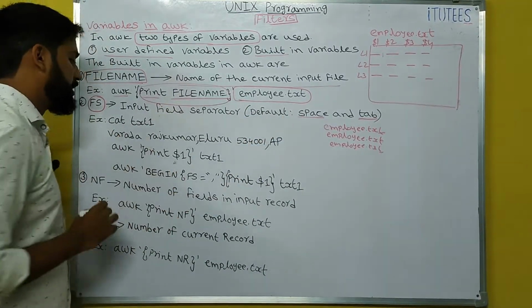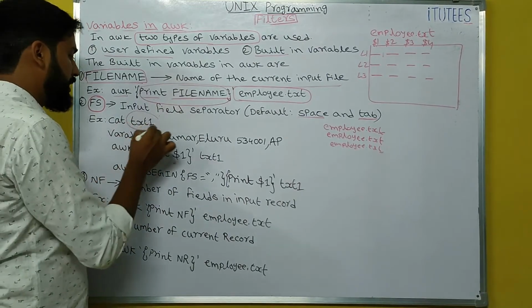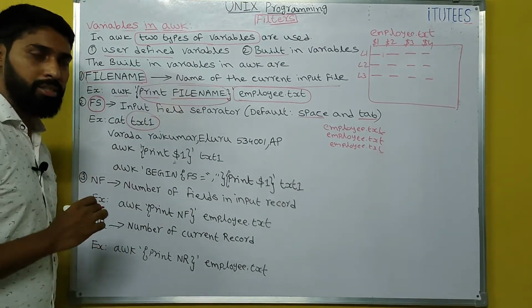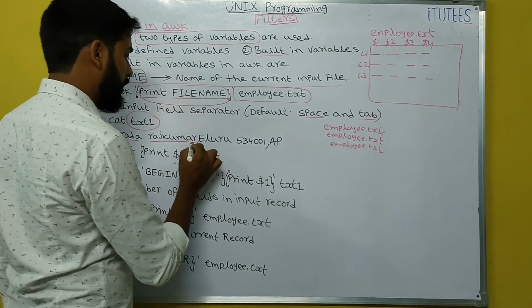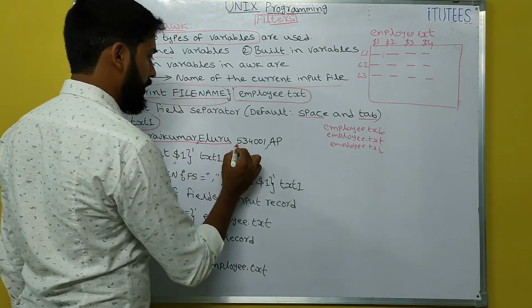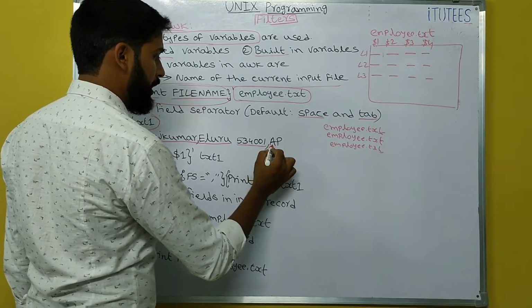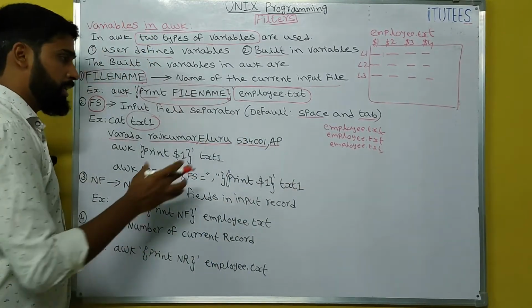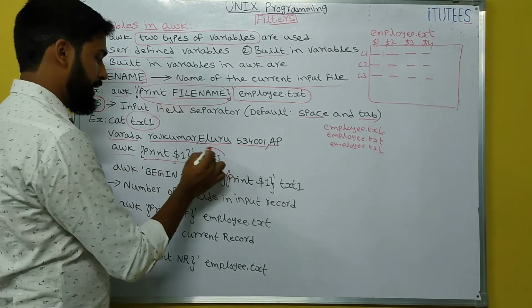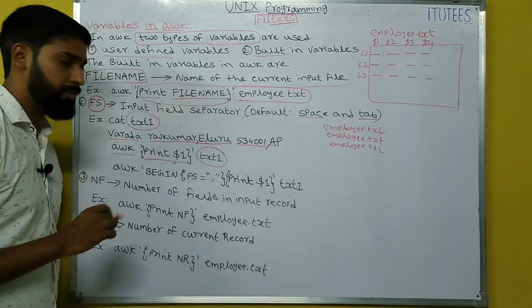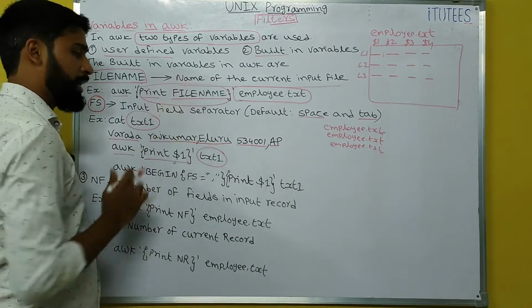So now, let us discuss one example. This is the txt1 file. What does the txt1 file contain? Varada Raskumar, comma, Eluru, space 534001, comma, AP. If I run awk print $1 txt1, this is the line.